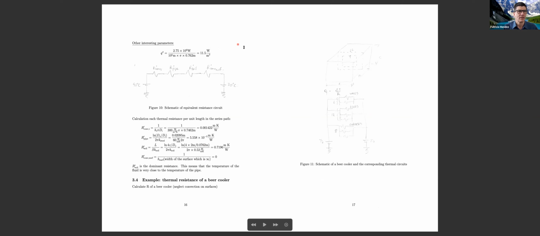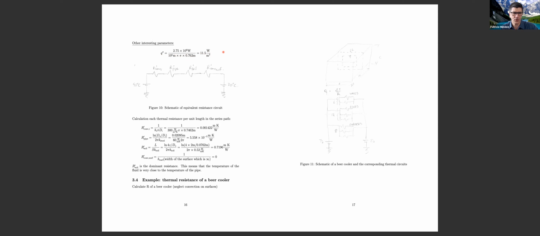So if we pick the outer surface of the pipe, this gives us this heat rate that is 11.5 watts per meter square. We can also calculate an overall heat transfer coefficient, which I did separately. And the overall heat transfer coefficient is actually quite low.